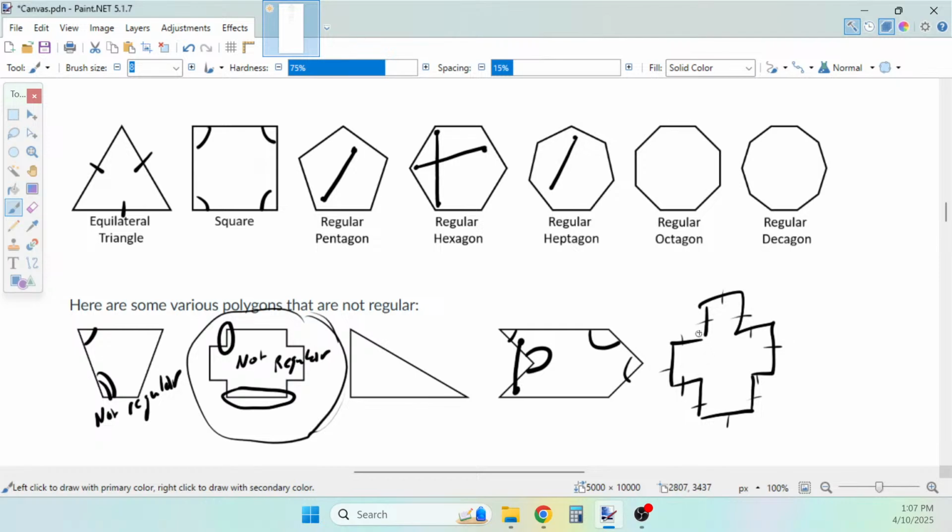So even though this angle is 90 and that angle is 90, there are two ways that this is not a regular polygon. One is that a person might say that only the interior angles matter when saying the angles are the same.